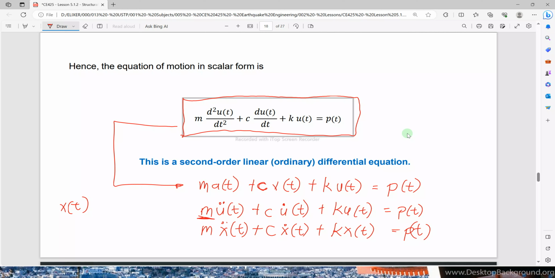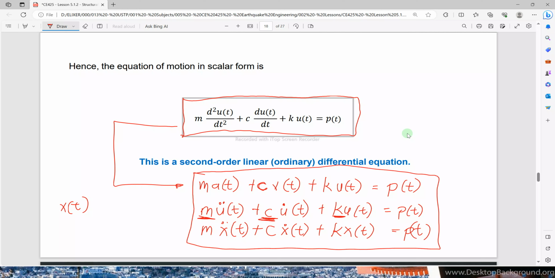Take that the mass is constant, the damping coefficient is constant, and the lateral stiffness is constant. So this is our equation of motion. You take this down. You take note of this.